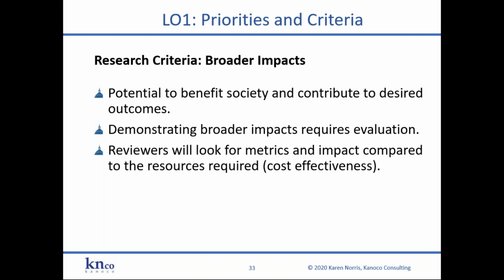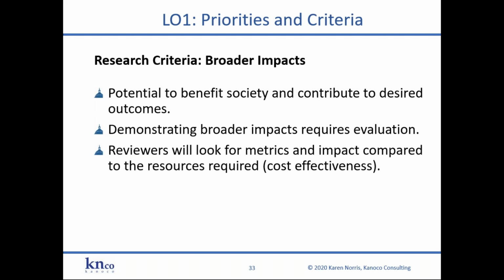And for broader impacts, you would want to talk about the potential to benefit society and contribute to desired outcomes, finding a vaccine for COVID-19. That would be a potential benefit to society, right? And then demonstrating the broader impacts is going to require evaluation, so you would want to make sure that your evaluation plan is solid.